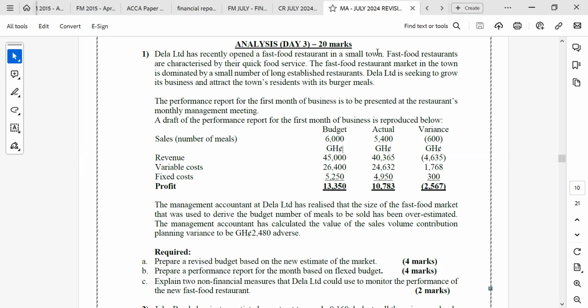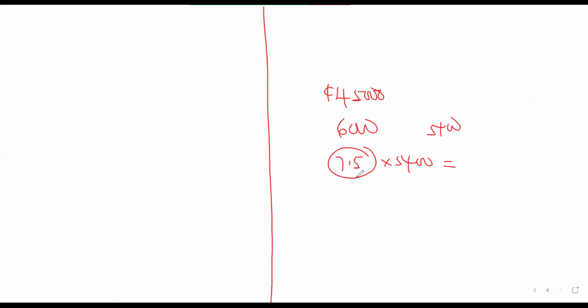And I'll multiply the 7.5 by the 5,400. We have done that. So I said that you can also do it like that. All right, thank you.